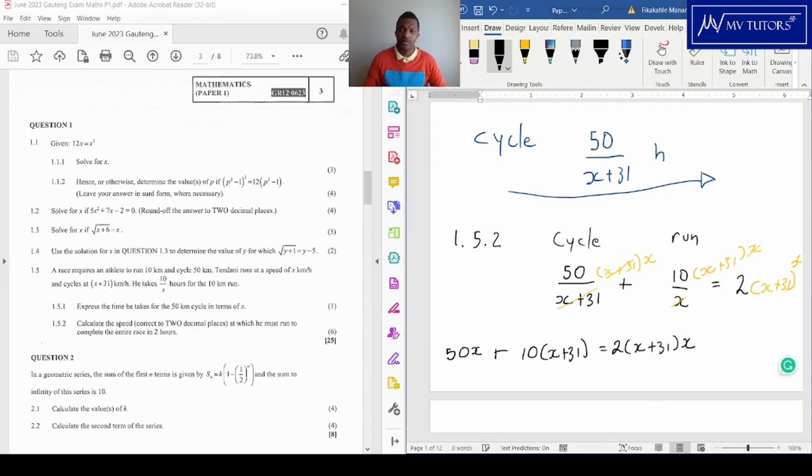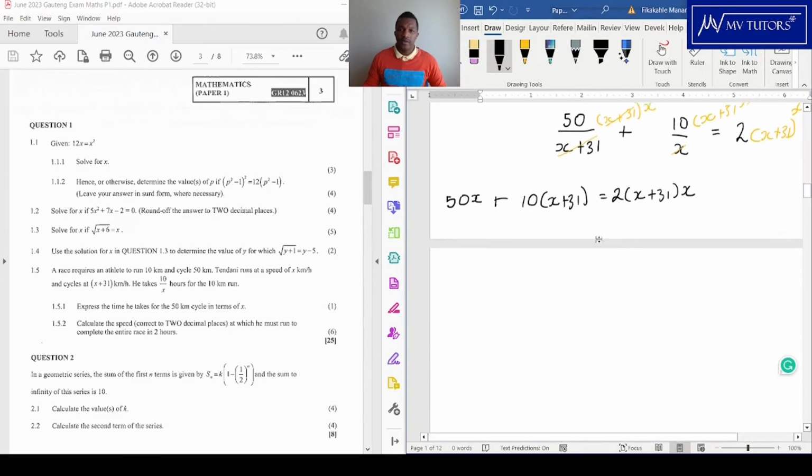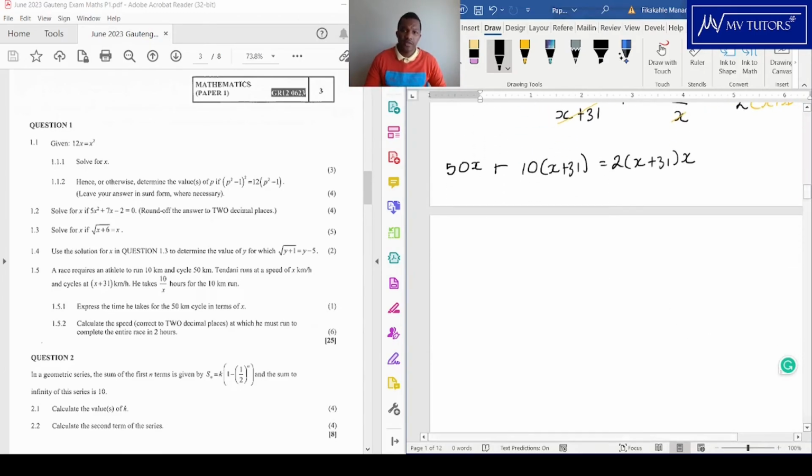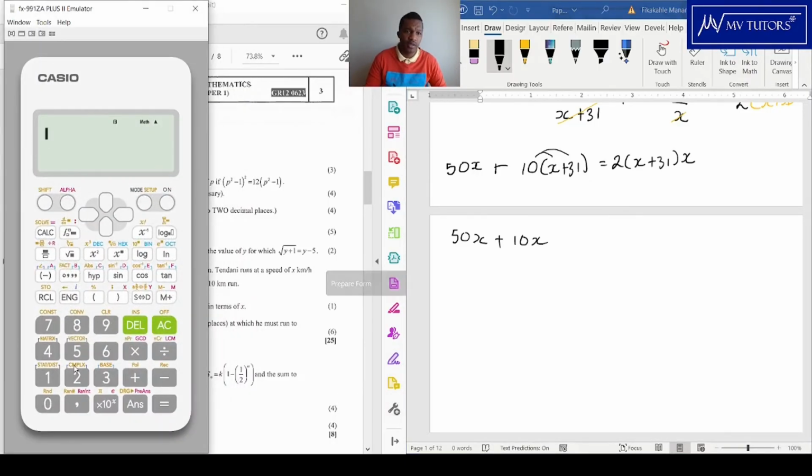Now I have to combine all of these. I'm going to have 50x plus, multiply that in, 10x, 10 times 3. Let's not make any mistakes. Let's bring out the calculator. I do know what it is, but I want to show you.